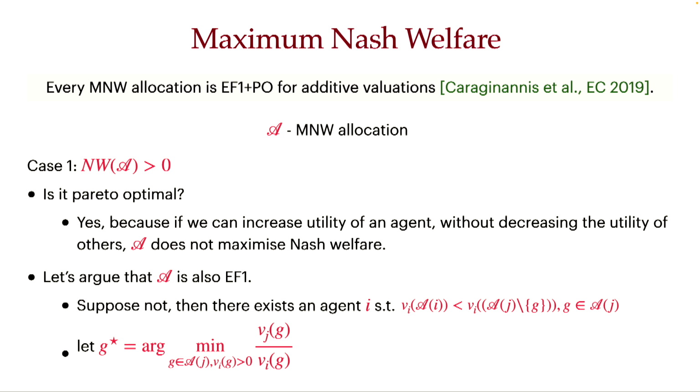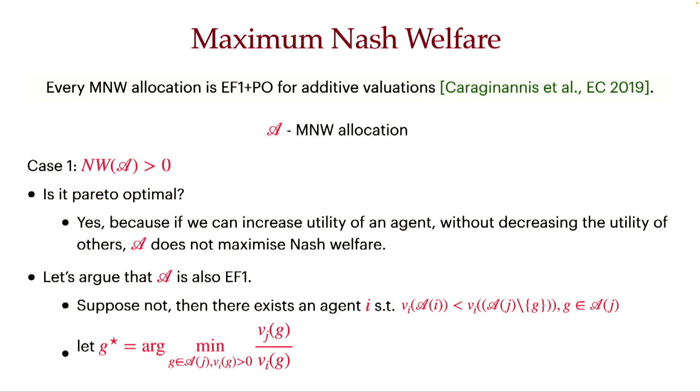So, g star is just an item. You take the ratio, you compute this ratio with respect to every good in A_j, which are positively valued.